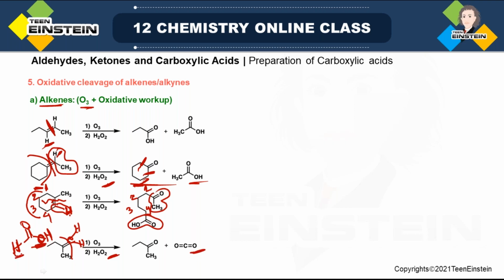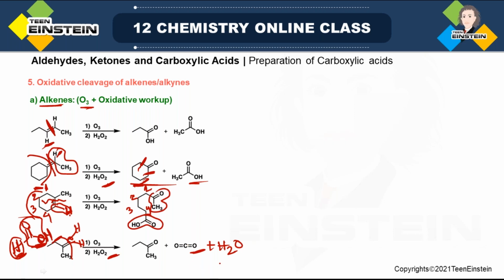This part is as if CO2, and the two hydrogens will be removed in the presence of the oxidizing agent. These two hydrogens with another oxygen atom will make water. So here water is also produced. Remember, whenever you have formic acid in the presence of an oxidizing agent, ultimately it will produce CO2 and H2O.